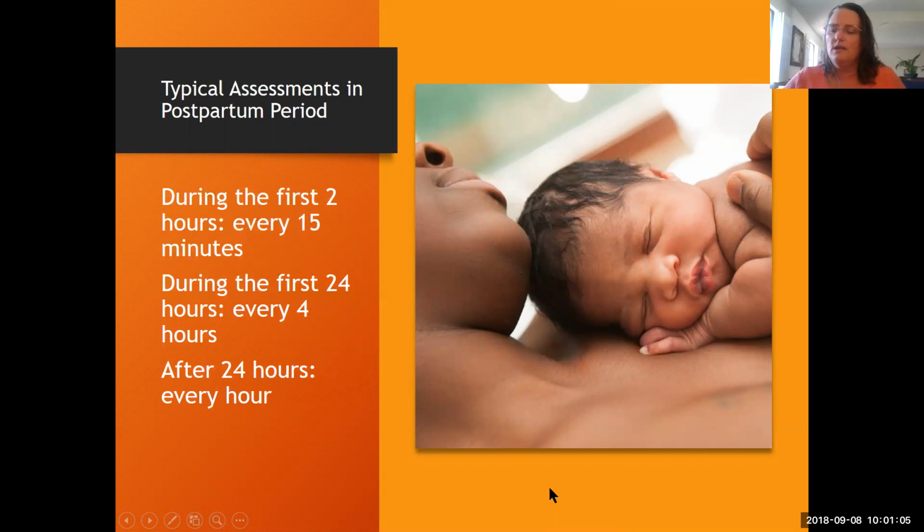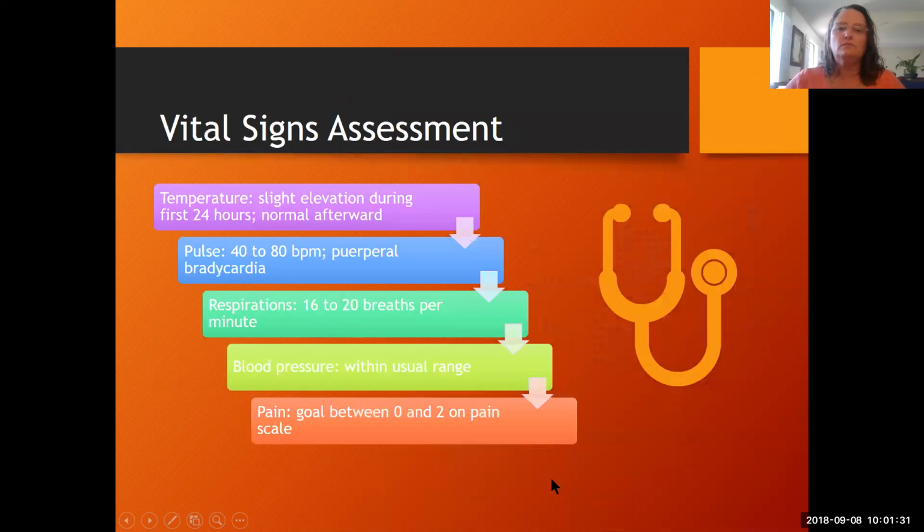And we have to tell the mom that we're not going to be in the room as often as we were during delivery, but of course we're always just a call light away, because sometimes they feel like we've abandoned them. And then after 24 hours, it says here every hour, but that is actually a typo. After 24 hours, we are watching this woman every 4 hours until she leaves the hospital.